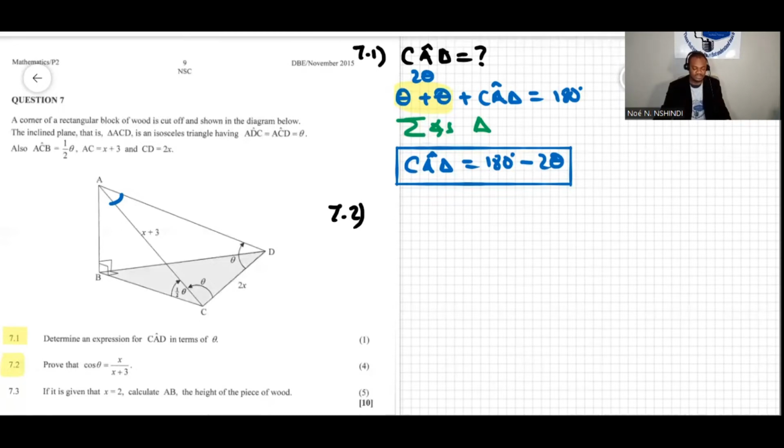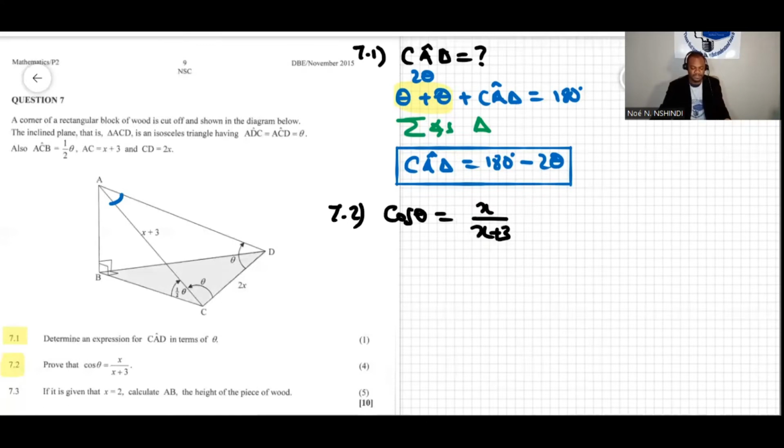So we need to prove that cos theta equals x over x plus 3. When we see something like that, it means cos theta is x over x plus 3, but we need to prove it, we need to show why it is so.